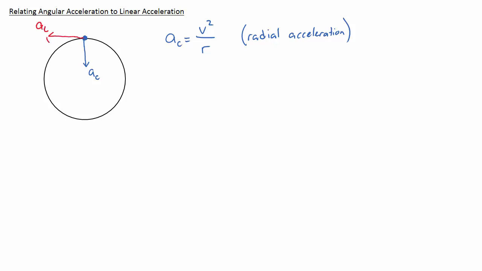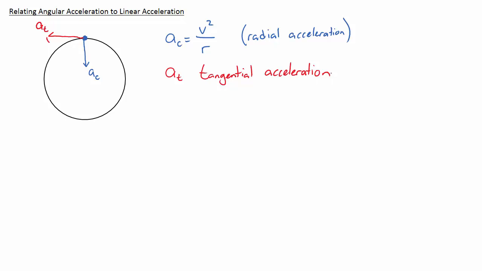So I'm going to call that a sub t. So a sub t is our tangential acceleration. And the reason why this is not our radial acceleration is that if an object is moving in uniform circular motion, at a constant speed throughout a circular path, there is no angular acceleration.